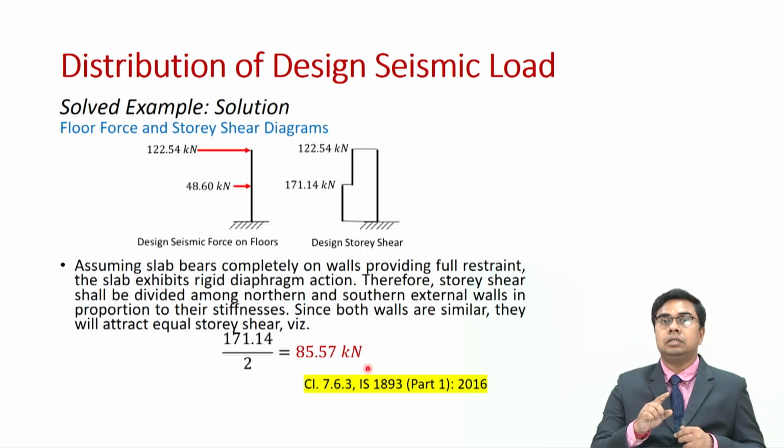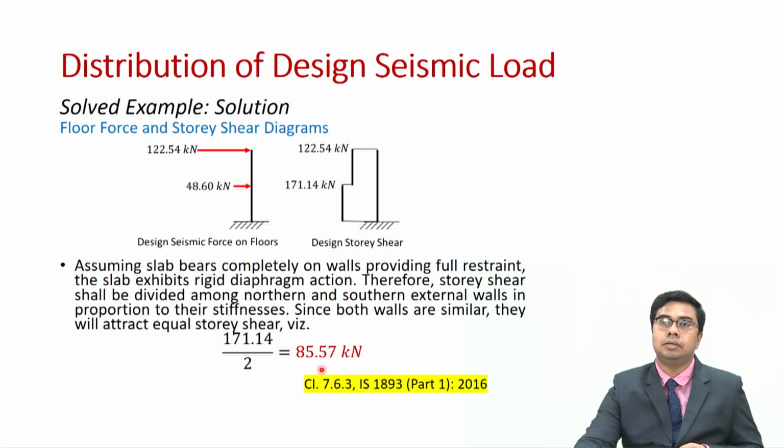If that is not the case, then the slab will not be able to provide rigid diaphragm action, and if the slab provides flexible diaphragm action, then you need to distribute this story shear in proportion to the tributary area. Again, in this case the tributary area will also be similar, so you shall again get the same value of 85.57 kilonewton.